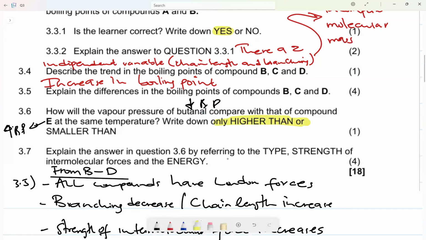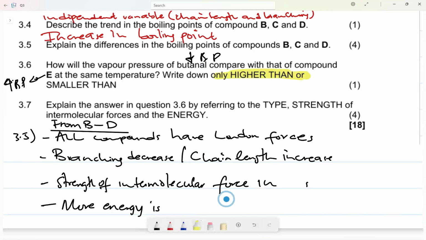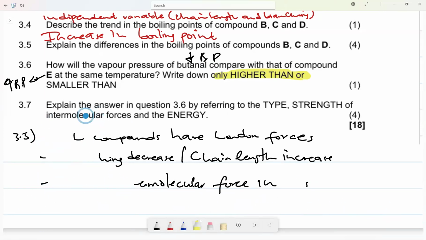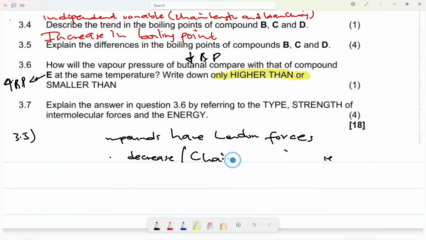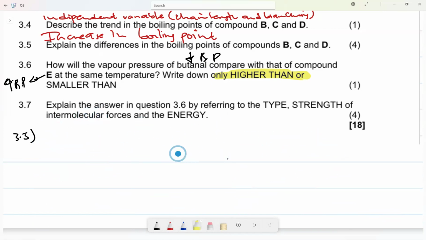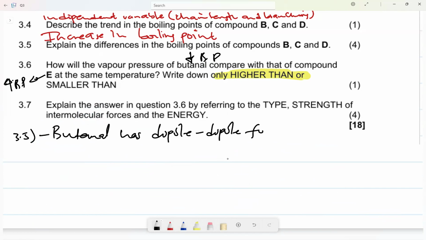Let's reason for 3.7, using appropriate reasoning. First thing first, you'll say butanol has dipole forces. And E, which is butanol, or is it?